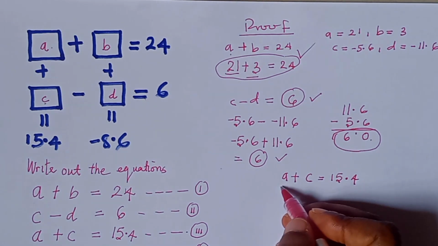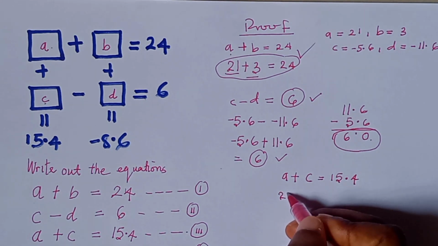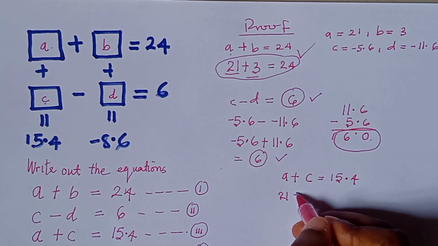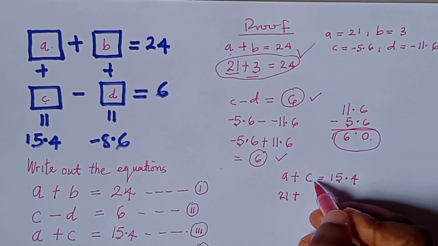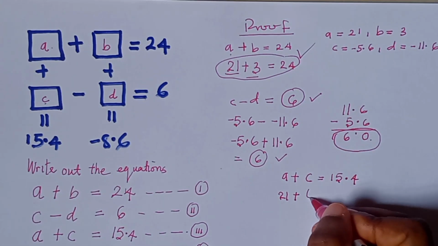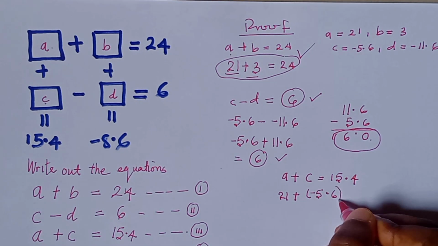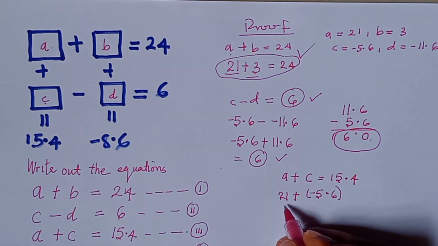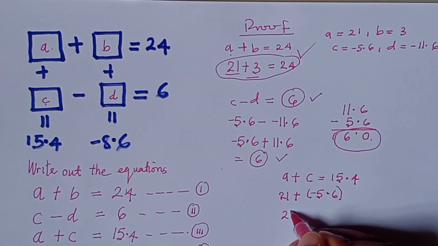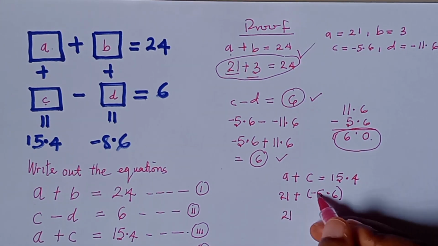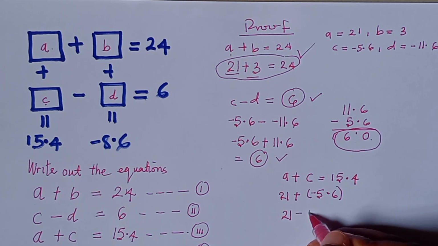Our A is 21 plus our C is minus 5.6. Okay, so we have 21, plus and minus will give us minus 5.6.